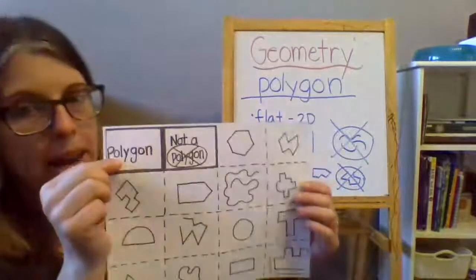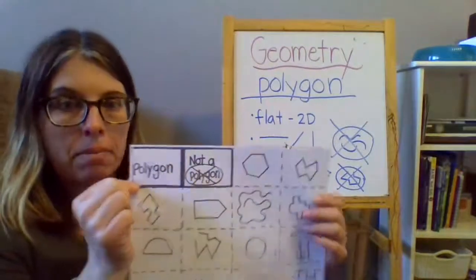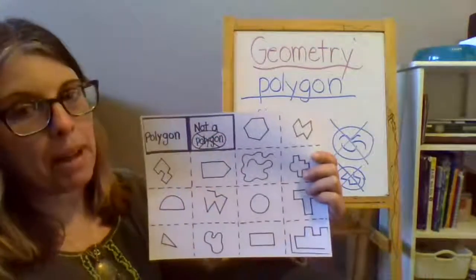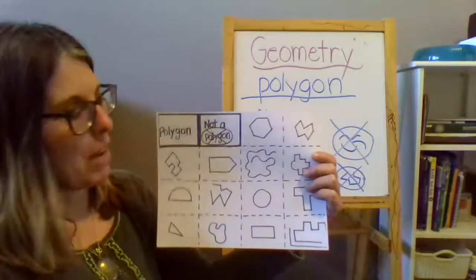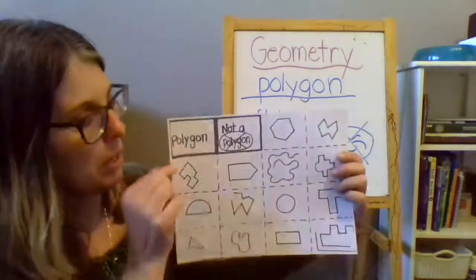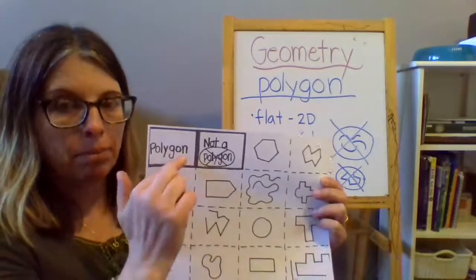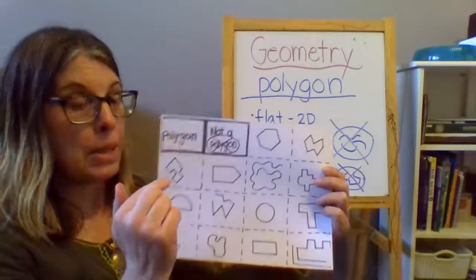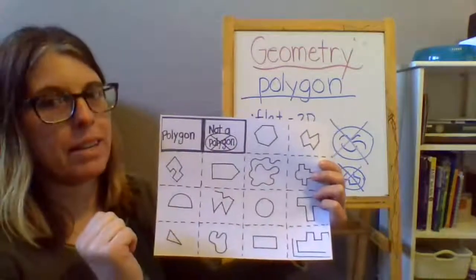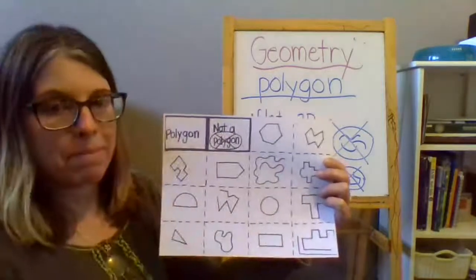Then this is one heading, polygon. This is another heading, not a polygon. And you're going to put all the shapes that are a polygon underneath polygon. You're going to put all the shapes that are not a polygon under not a polygon.